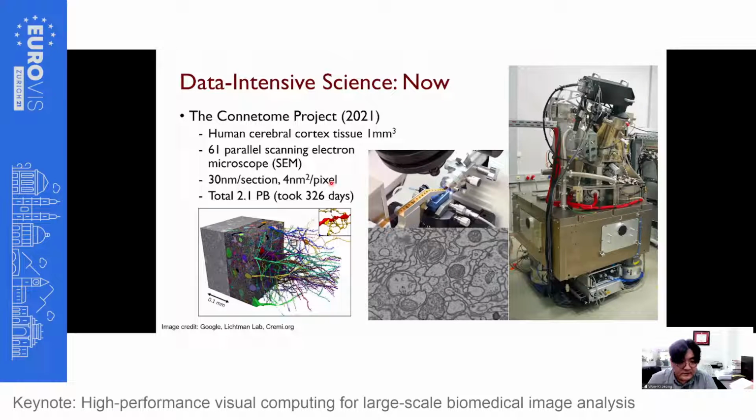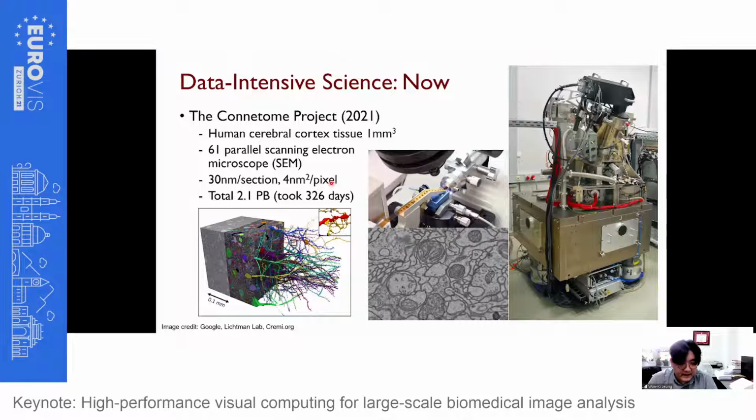This is an example from neuroscience, the so-called connectomics projects. Markus and I were also working on this project in the past, and maybe currently as well. The idea of this project is to reconstruct the nanoscale neuronal connections in mammalian brain samples.